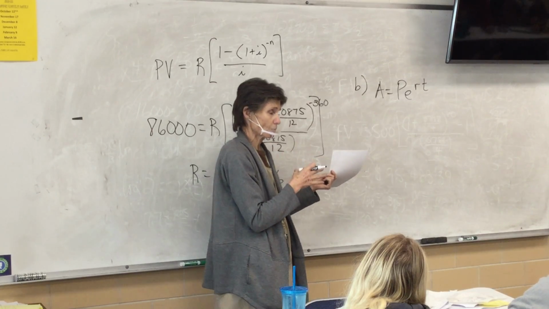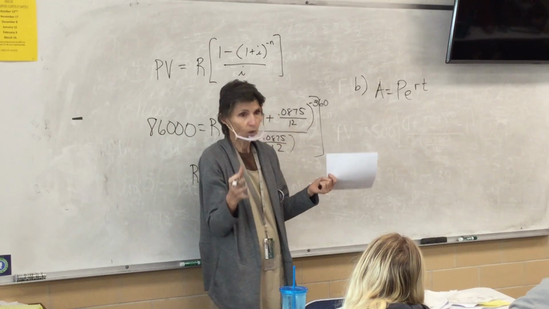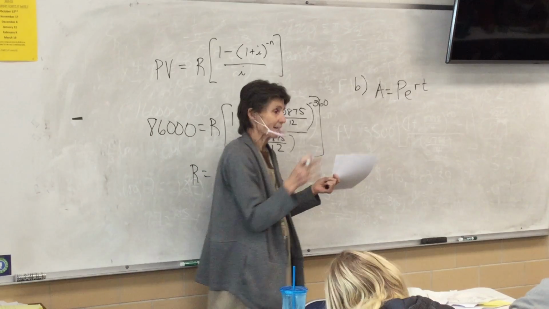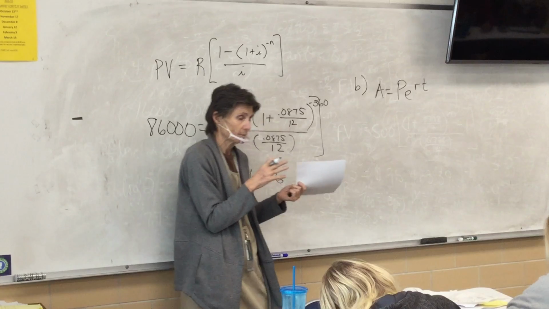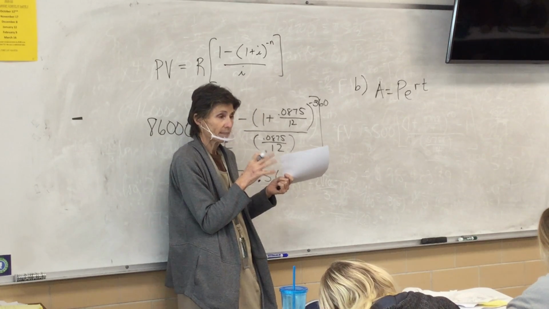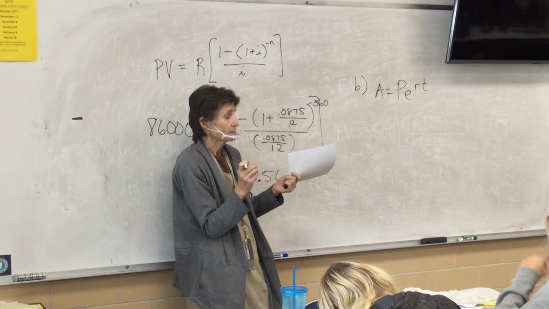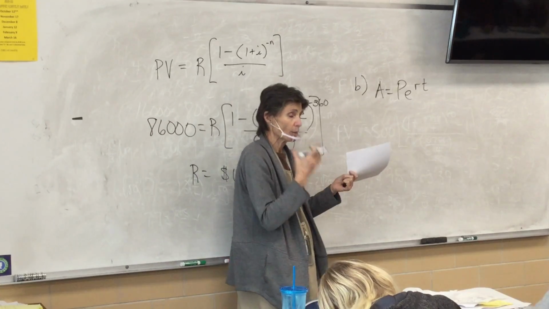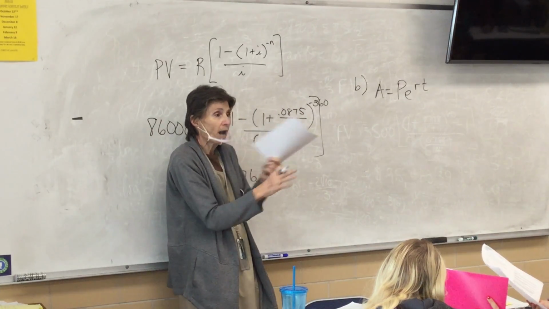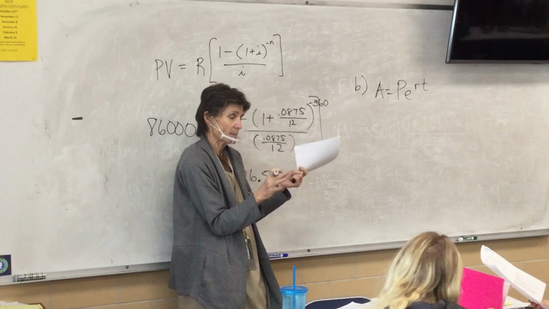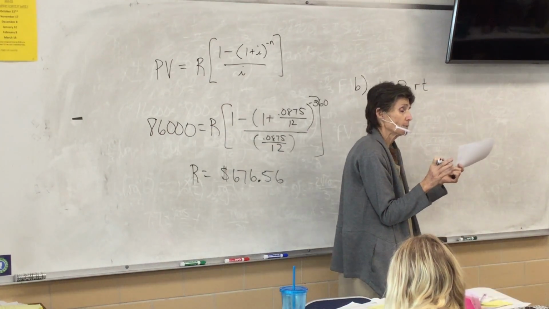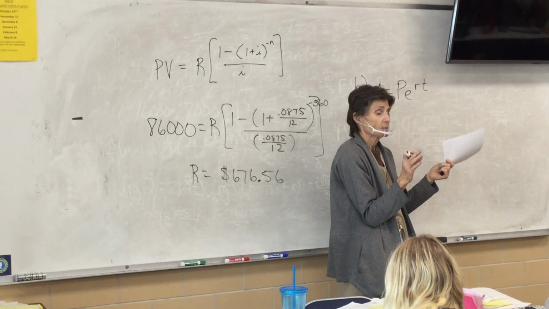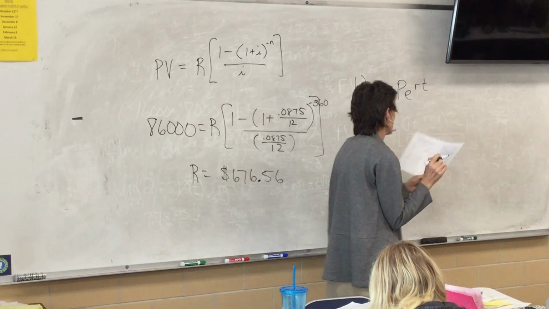PERT can be used for money, but PERT can be used for other things. So if it's non-money, it's going to be PERT. It's continuous growth. Organisms are continuous growth, but any non-money is going to be PERT.